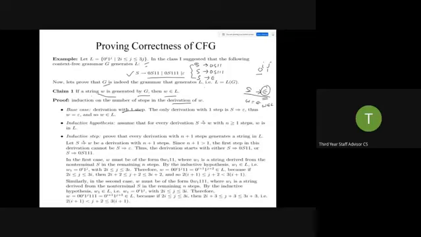So S implies epsilon, so we can say that there is a string, epsilon, which can be derived only by using a single step, and we can say that epsilon is an element of L.